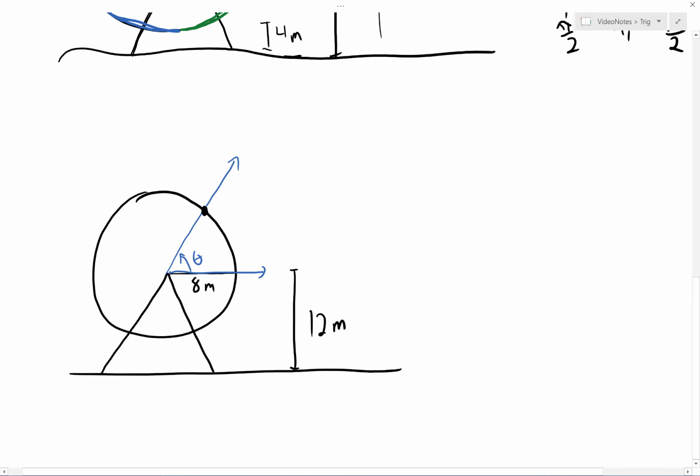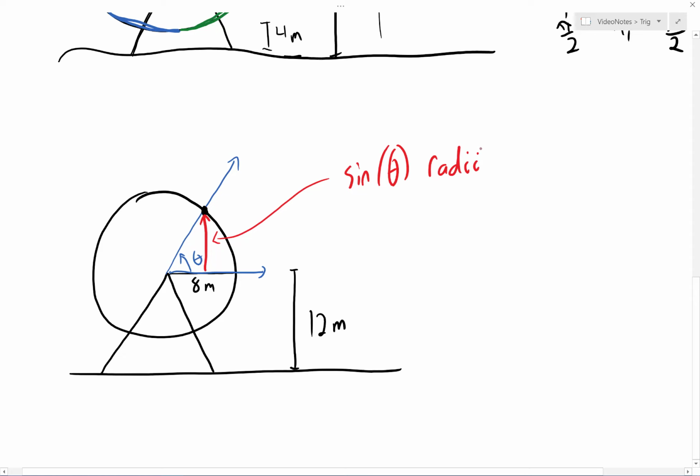Now, if we want to model Kristen's height above the ground, and we think of height, we should probably have the sine function pop into our head, as the sine function gives us a height above the center of our rotation, given a number of radians swept out. So in this case, Kristen is some distance above the center of the Ferris wheel, and that distance is sine of theta radii.